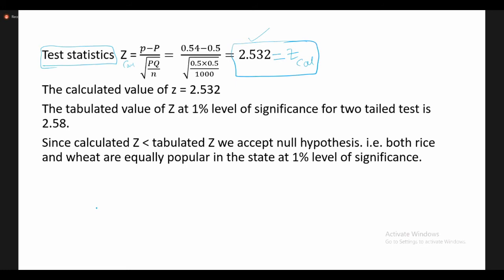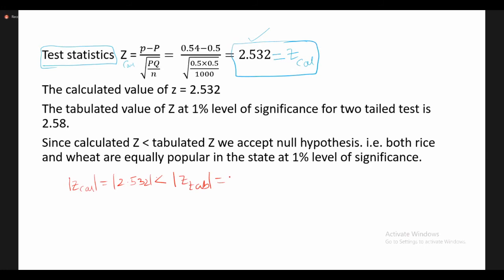After that, the comparison. See here, we have to compare with Z tabular value. Mod Z calculated, that is mod 2.532, is less than or greater than mod Z tabular value?